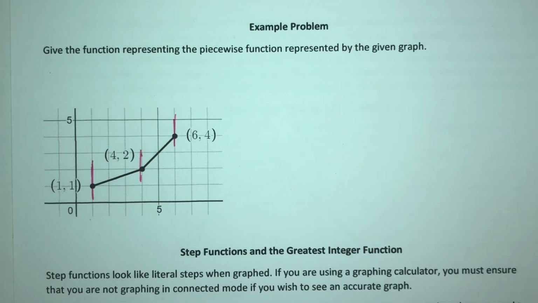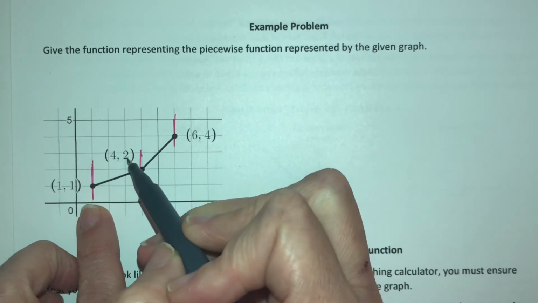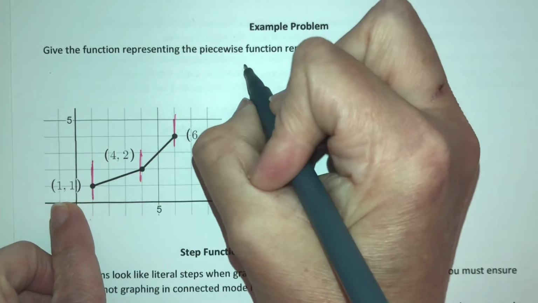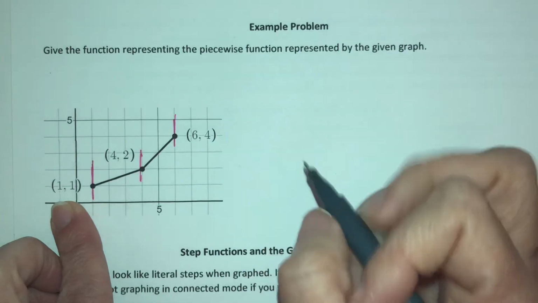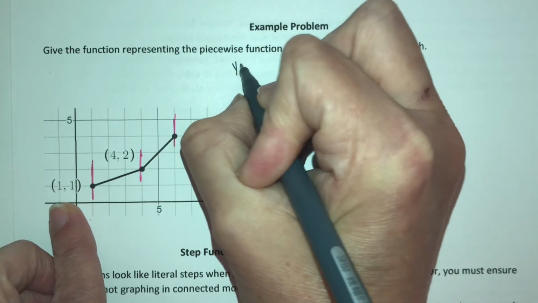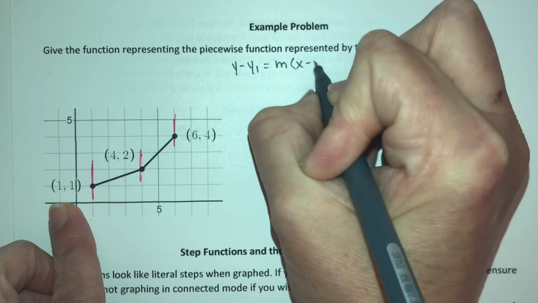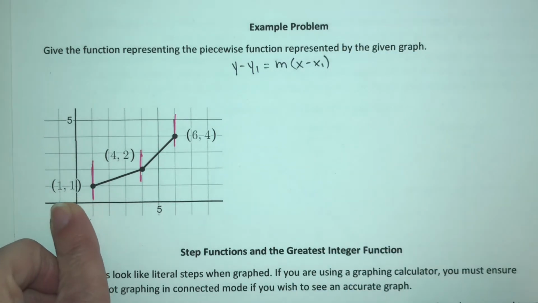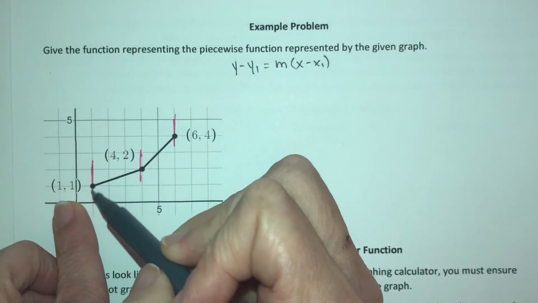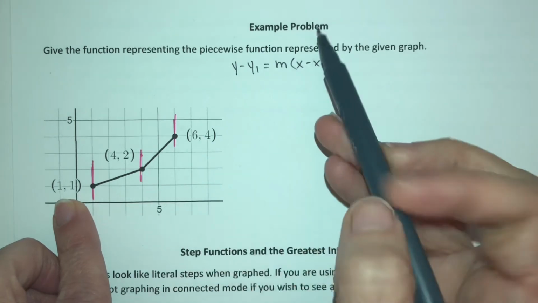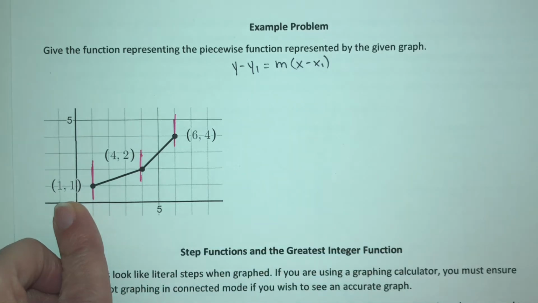Okay, so what do we need to find this here? If I'm doing this part, I'm going to use the point slope formula, which is y minus y1 is equal to m times x minus x1. And since we have a graph, you can either calculate m by just looking at the graph and figuring rise over run, or you can use the formula y2 minus y1 over x2 minus x1.